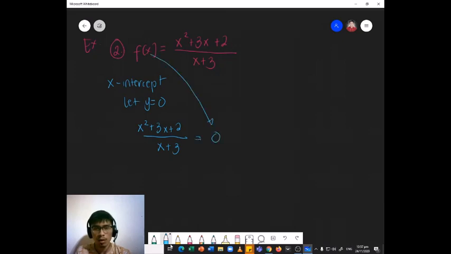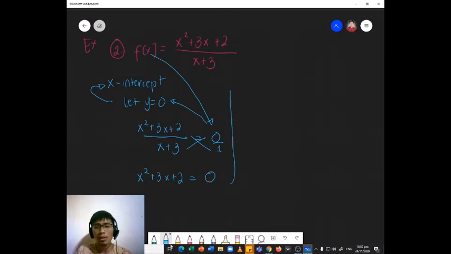We let that be 0 to find the x-intercept. After that, you can cross multiply. We have an invisible 1 here, so it will become x squared plus 3x plus 2 is equal to x plus 3 multiplied by 0. Again, any number multiplied by 0 is equal to 0.